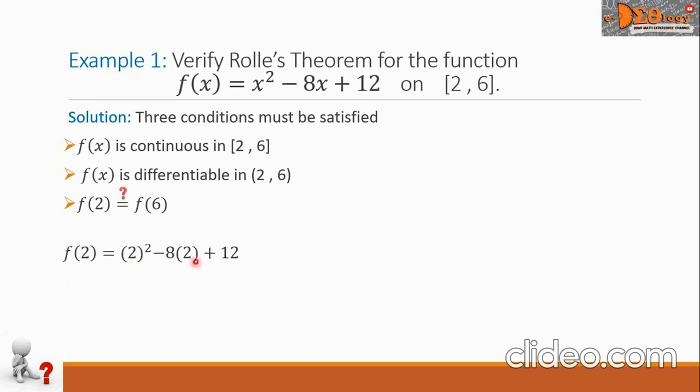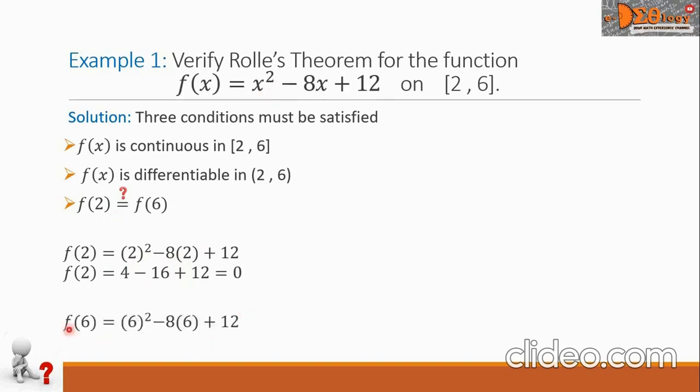So this is equal to 2 squared minus 8 times 2, then plus 12. The 2 squared is 4 minus 8 times 2 is 16 plus 12. If we simplify this, this is equal now to 0.